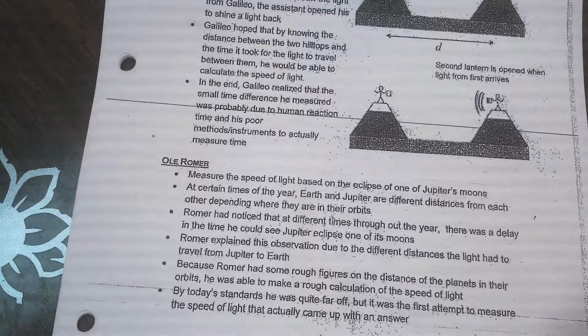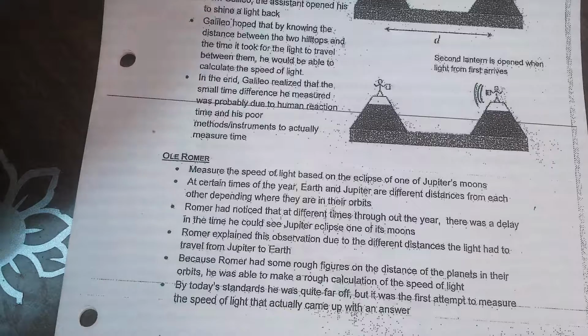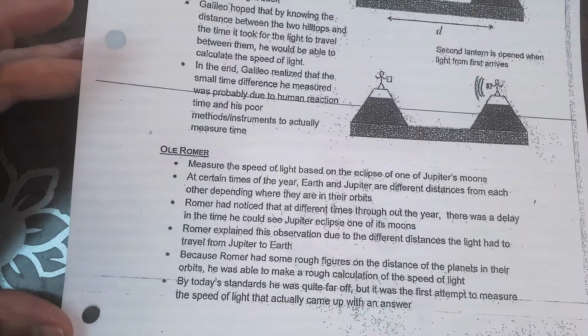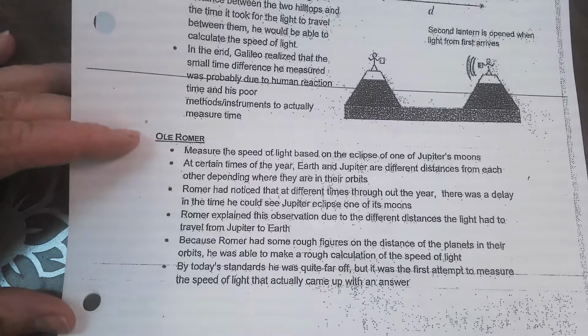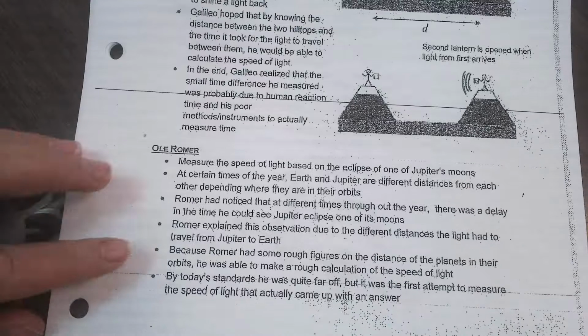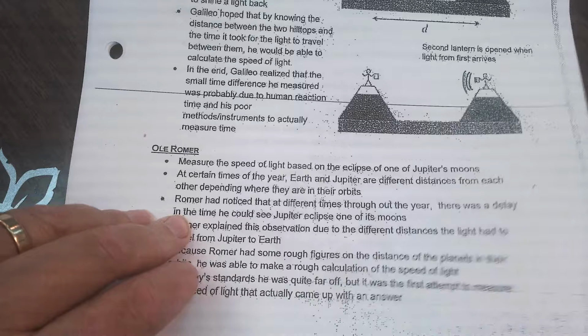He said that this difference had to be due to the different distances the light had to travel. He had some rough ideas on the distance of the planets in orbit, so he could figure out a rough calculation. By today's standards, the number he came up with was really not there, but it was the first attempt and ability to calculate an actual answer.